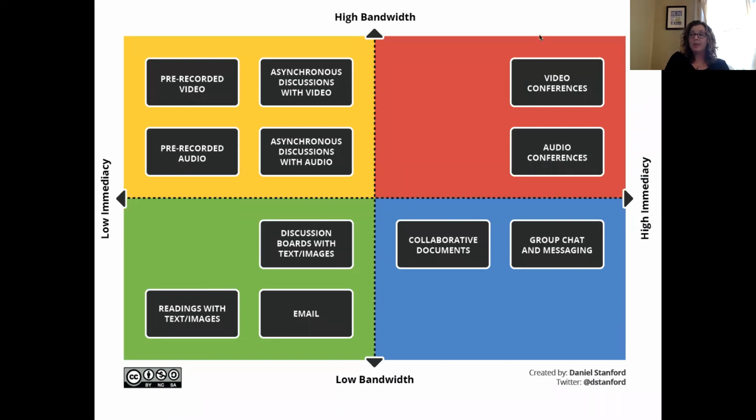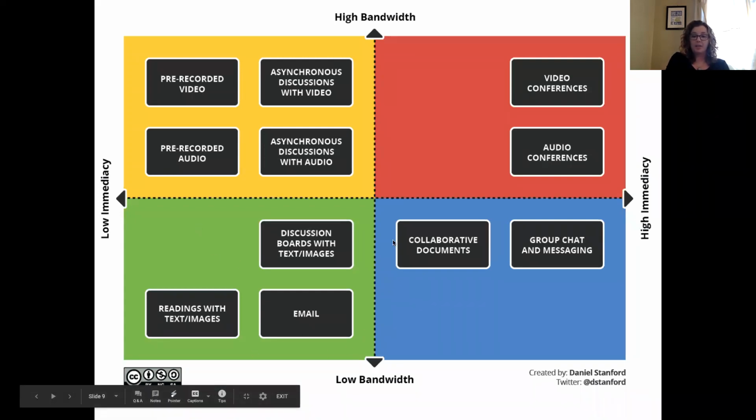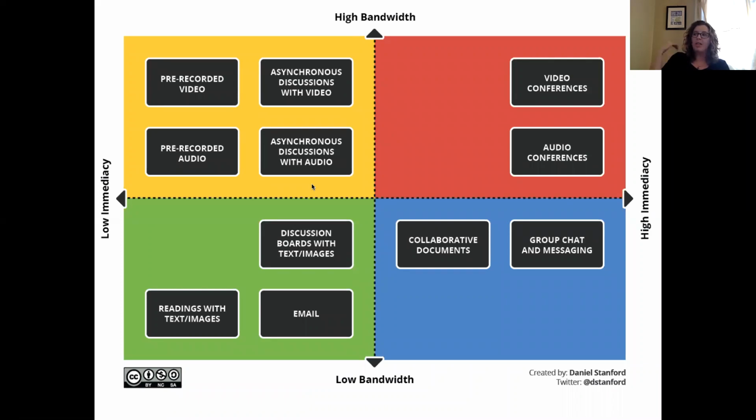You may want to start up here with video conferences, but that might not be the best choice for you to linger. It may be worth having these in your back pocket as you start to look at tools. Ask yourself, is it a collaborative document? Is it mostly text-based? Once we start to add audio and video, that's where, if you have a bandwidth issue, you can come into some challenges.